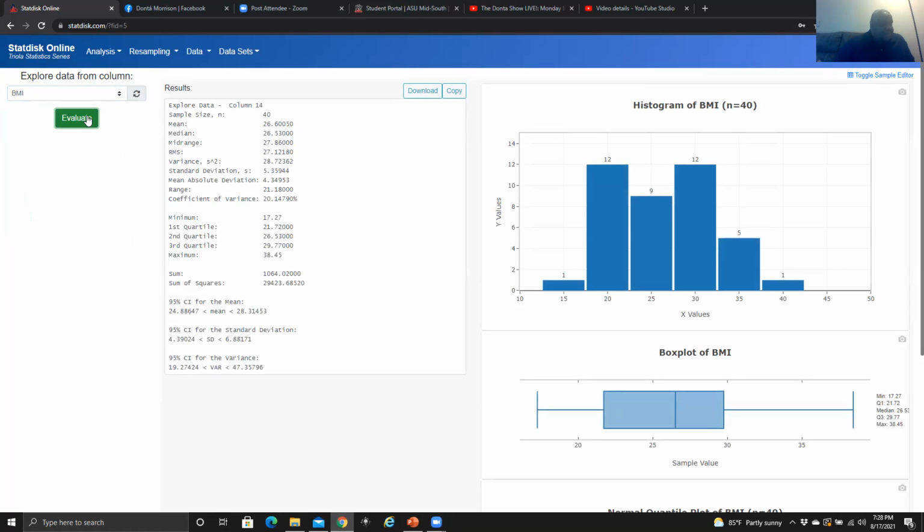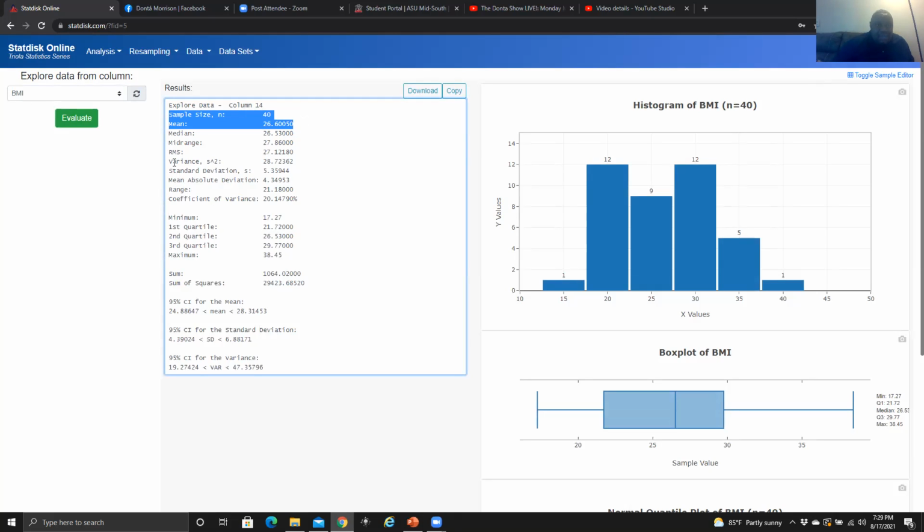Okay, now there are some things I'm going to need here. I need the sample size, which is right here. That's 40. I also need the mean, which I'm going to round to one decimal place. That's going to be 26.6. So in this case here, the sample size will be 40. The sample mean is 26.6 if I round to one decimal place.